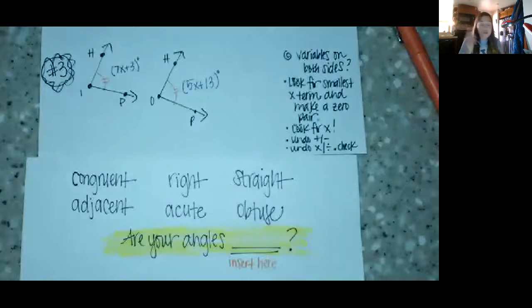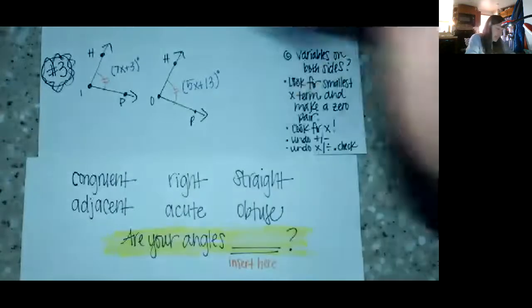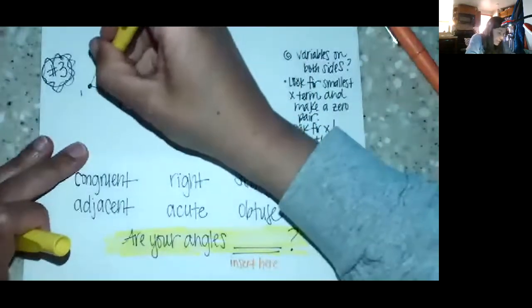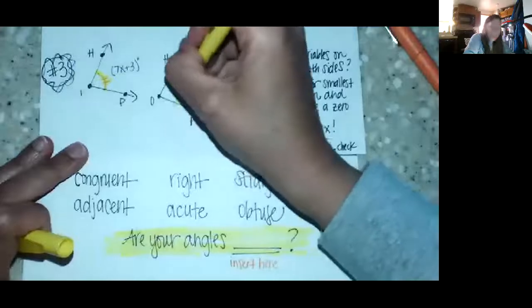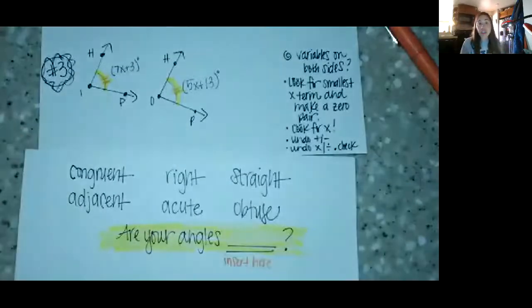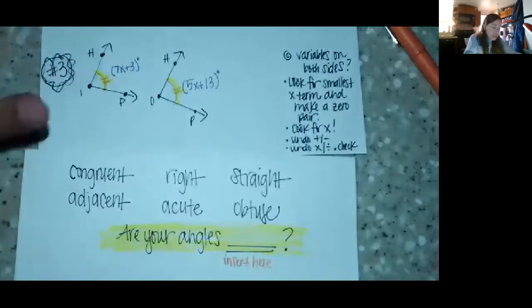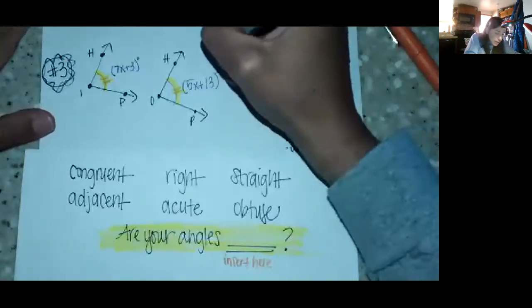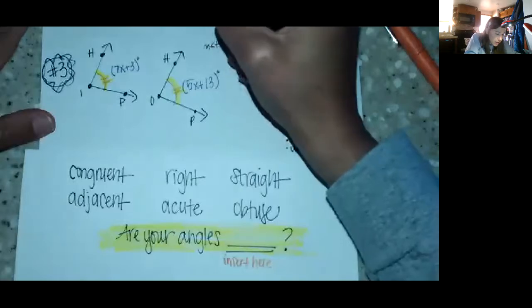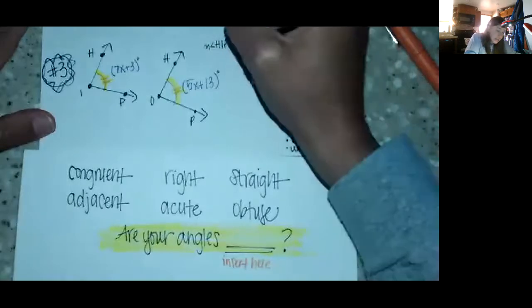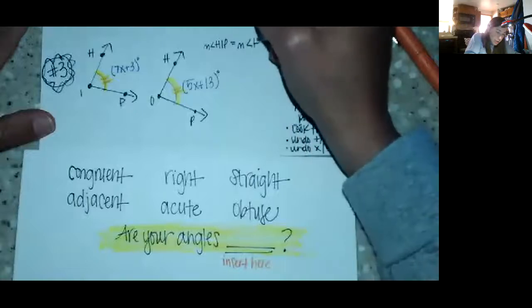But also, if you look at this marking right here, and I know sometimes it's a little tricky because it doesn't write it out or tell you that they're congruent. But based on these markings, they're equal. Okay? So when we go to set this up, remember, if two angles are equal, the measurement of angle HIP is equal to the measurement of angle HOP.